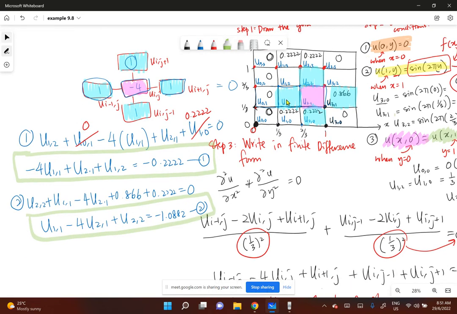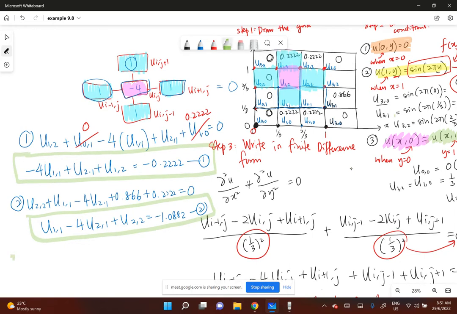And then we move up. Now this one becomes the third one: 0.2222 plus 0 minus 4U12 plus U22 plus U11 equal to 0.